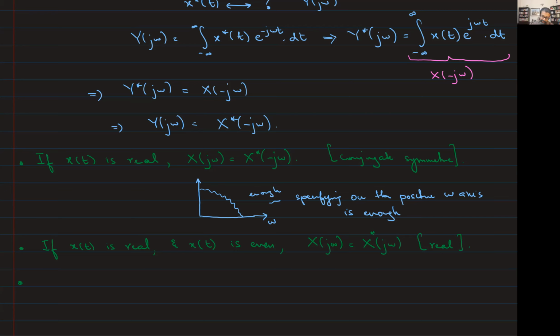At the same time, if x of t is real and x of t is odd, then what will happen? It will be imaginary, right? So in that case, X of j omega is going to be equal to minus X conjugate of j omega, and that just means that the real part is 0.